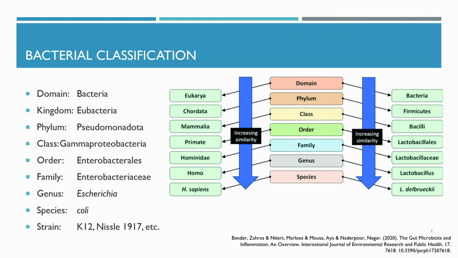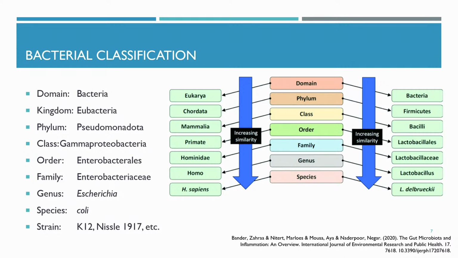Then as you go down, we're chordata, mammals, we're primates, then hominidae, homo, and then homo sapiens. You don't have to memorize any of these, but it helps to understand where these terms are coming from. For bacteria here, we're talking about a Lactobacillus species, L. delbrueckii. And so we go down this classification scale.